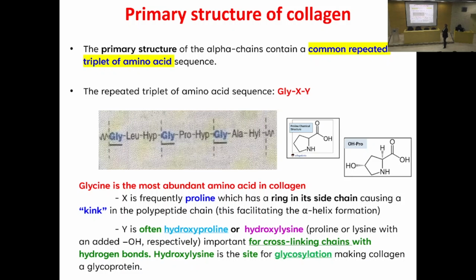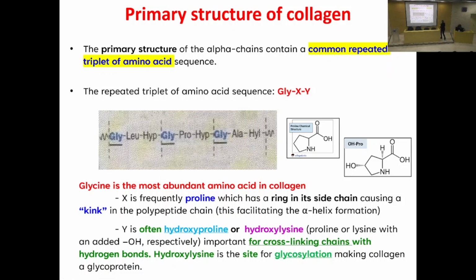The first amino acid is glycine, always. Glycine is the most abundant amino acid in the primary structure. So in the triplet, the first one is glycine. Then it is followed by an X amino acid. The X most frequently is proline.